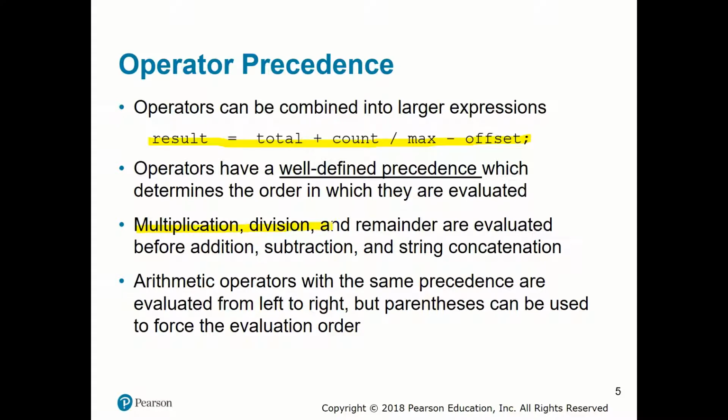Multiplication, division, and remainder are evaluated before addition, subtraction, and string concatenation. And arithmetic operators with the same precedence are evaluated from left to right. But parentheses can be used to force the evaluation order. This evaluation order is the same as the one you have learned in math class.